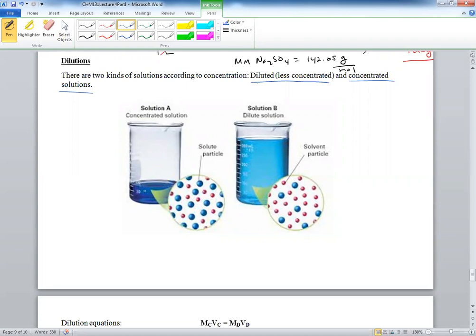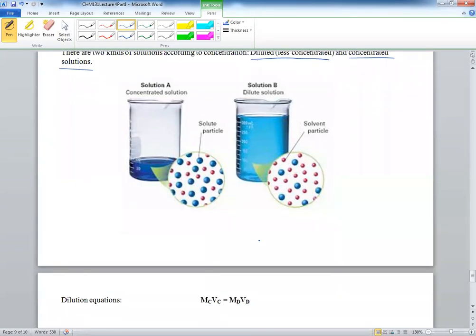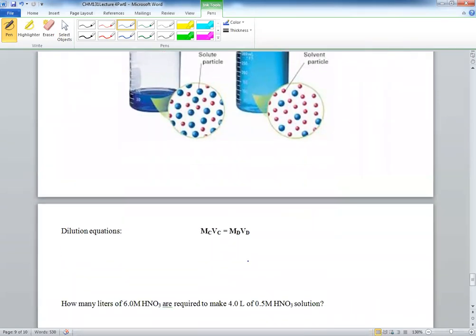Whereas solution B is a dilute solution. You have a lot less solute particles in relation to the solvent particles, to water, let's say. So that's how you should think of it: there is less solute in diluted solutions than in concentrated solutions.